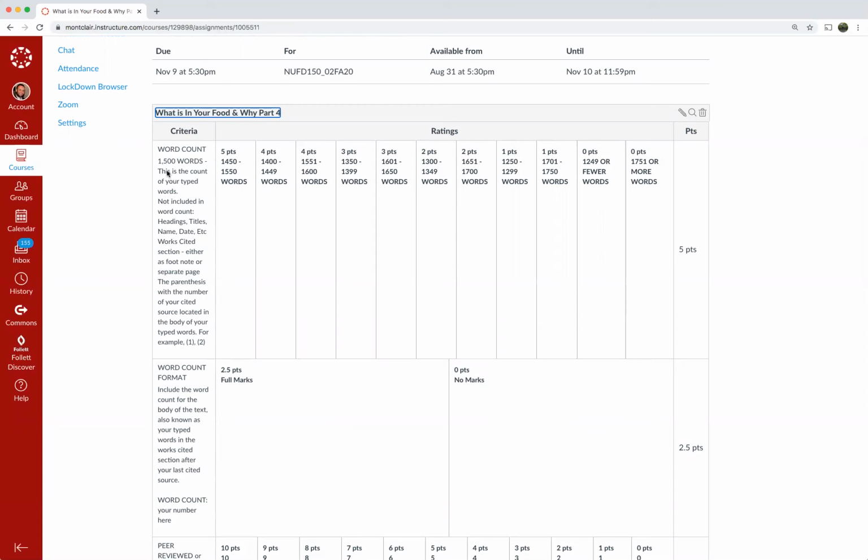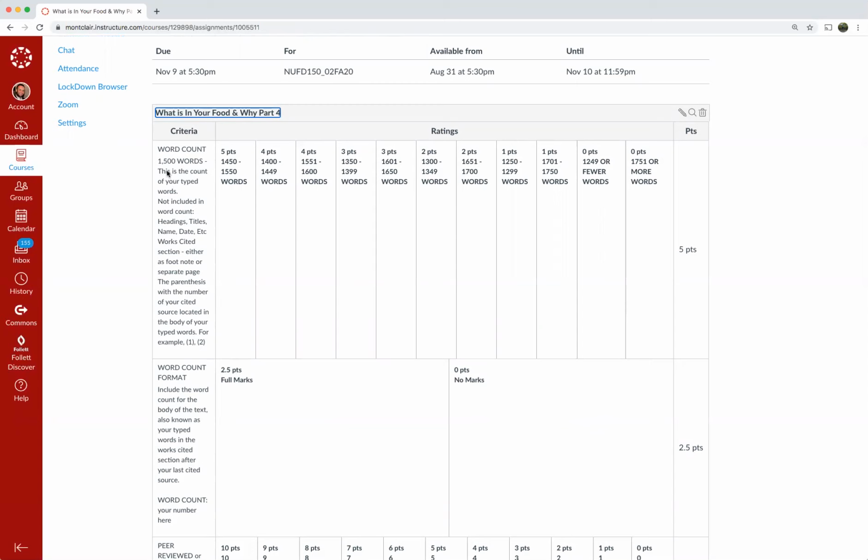So the grading for the word count, it's basically 5 points based on this. So it's 1,500 words. If you type between 1450 and 1550, you'll get 5 points. And then there's a scale.